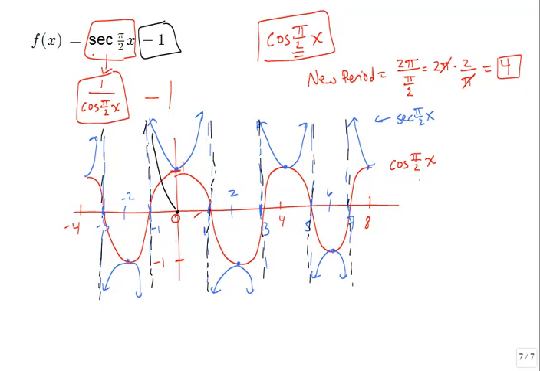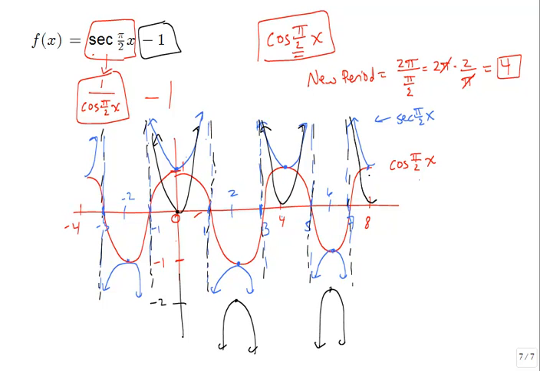This is at -1, so if I move that down, it's going to be down here at -2. This one goes down to 0, this one goes to -2, and so on. Okay, so the graph in black is secant pi over 2x minus 1.